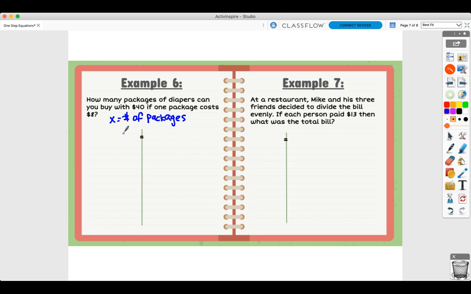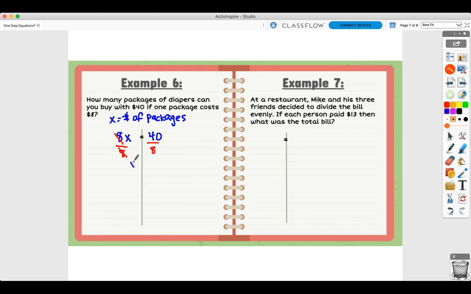So you know each package is $8, and you're trying to find the number of packages. So 8 times the number of packages is going to be 40. Okay? And now you're solving this. So divide by 8 to both sides. Okay?